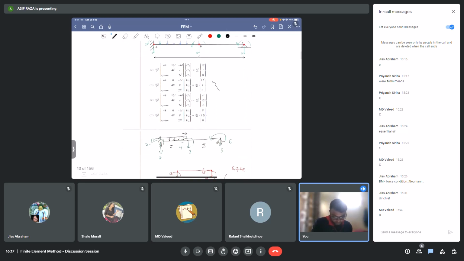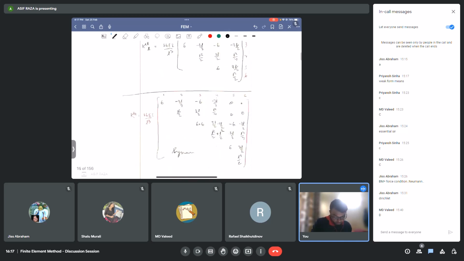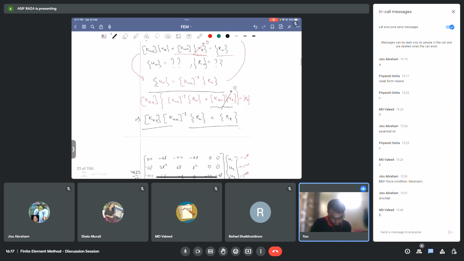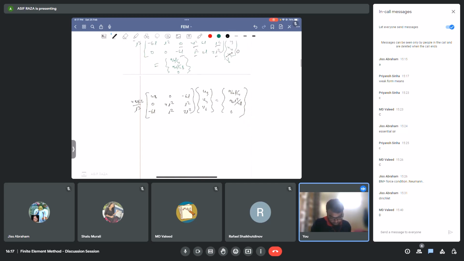I think this is 48 0 minus xL for L square. This is what we are getting, right? 48 0 minus, yeah.